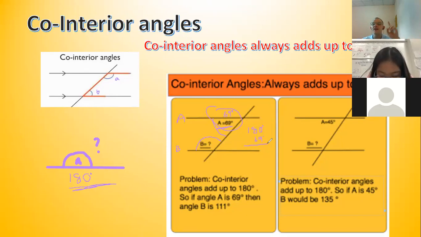Now to calculate the angle for B, we have to minus 69 from 180 because we want to find out what angle B is. Angle B will equal 111 degrees.